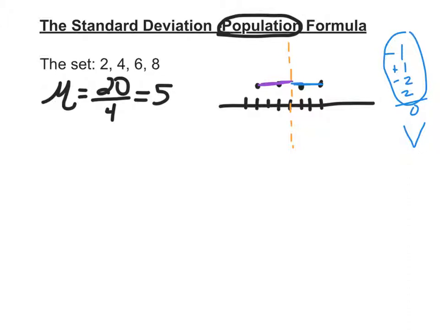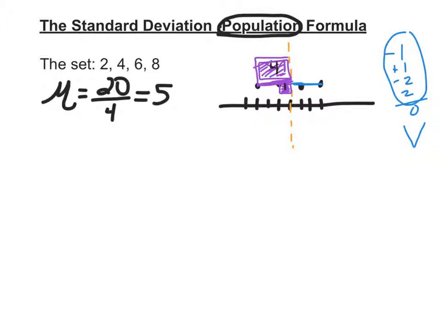So if I square this, if I take 1 times 1, I get another little square that has an area of 1. And if I square this one, if I take something that's 2 times 2, I get this area right here that has an area of 4. 2 times 2 is 4. So I have an area of 1 and an area of 4.